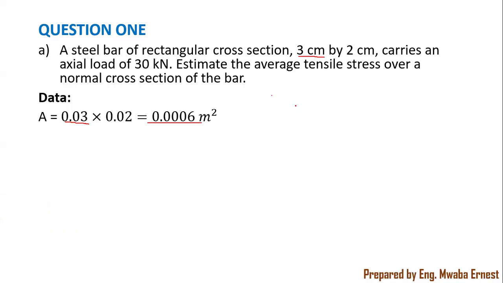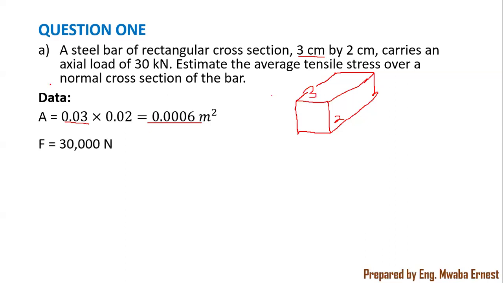If we want to analyze, we can just say the dimensions are like this, such that perhaps this is our 3 centimeters, this is our 2 centimeters. If we were given the length, we could have projected it in 3D and included it as well. But as it is, we leave it out. So with this information, that is our area.